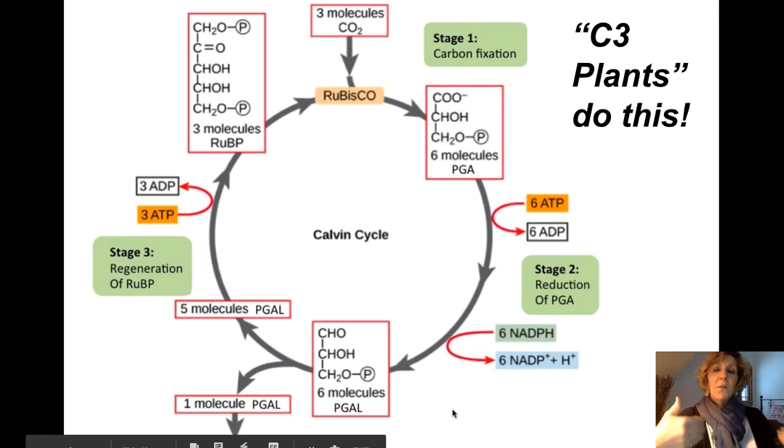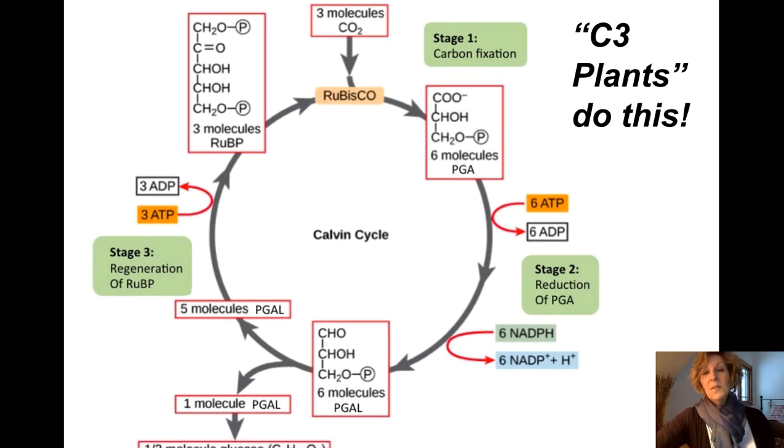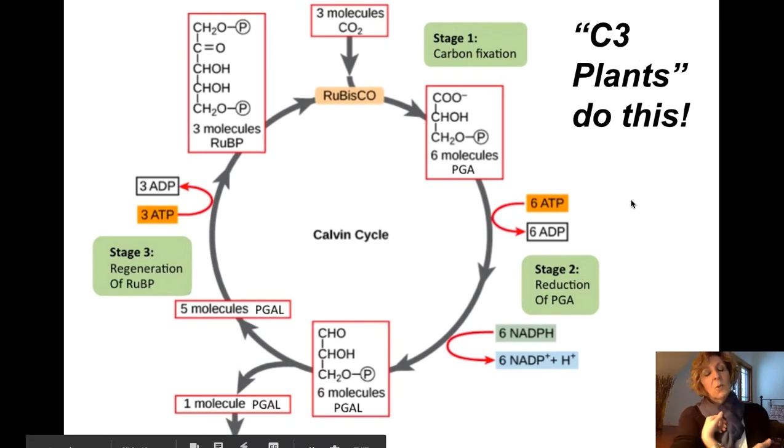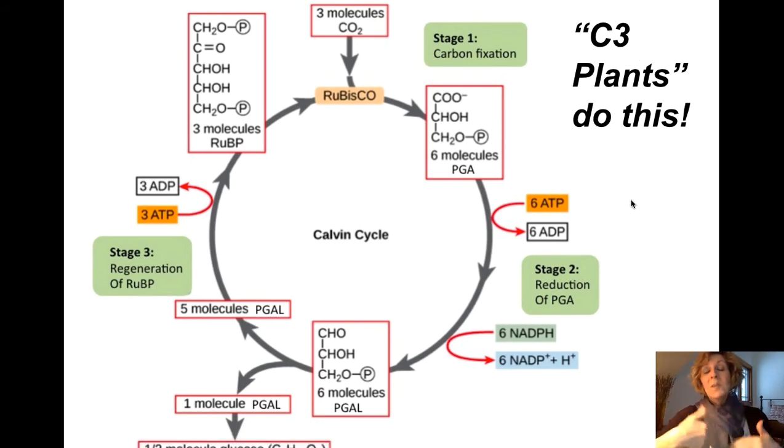So this version of the synthesis part of photosynthesis we call C3. And most plants, the great majority of plants on Earth, use this type of photosynthesis. And we call these plants C3 plants.